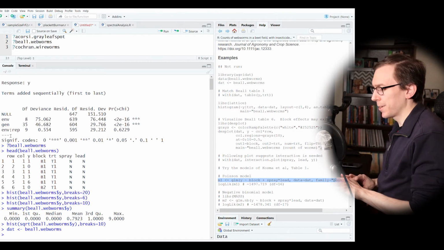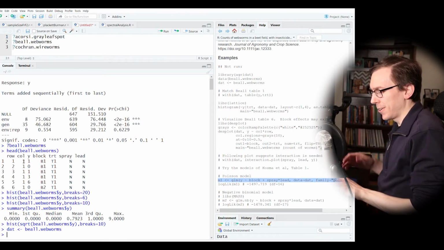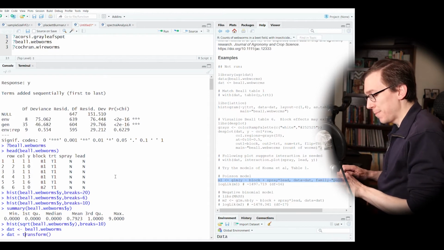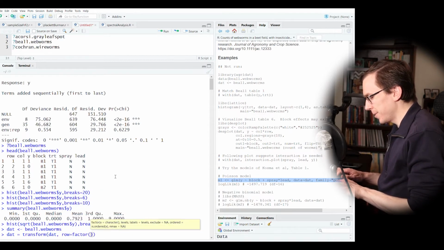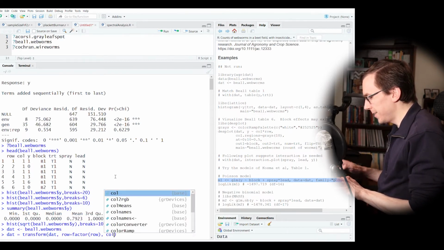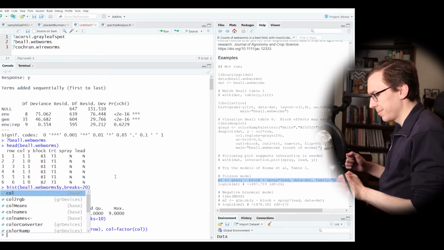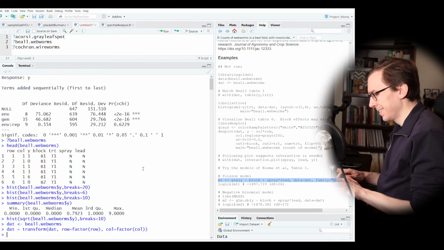The row and the columns are 1, 2, 3, 4, whatever, which means that R is going to default to treating them as a numerical variable, but we actually want it to be a factor variable. So we have to say row is equal to factor row, and column is equal to factor column. I guess we could think of them as ordinal since they're ordered, but it doesn't really matter.